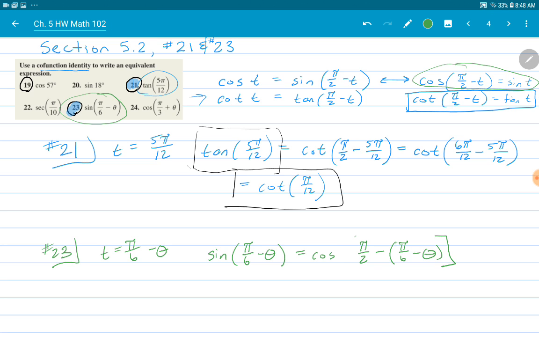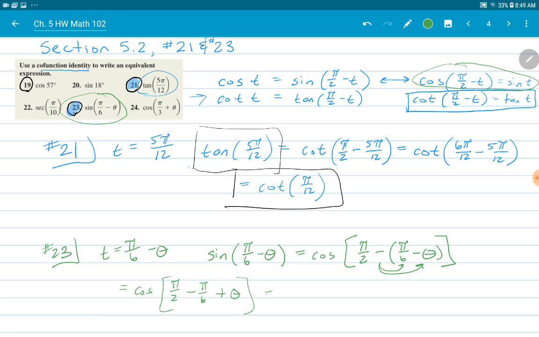So I'll use brackets on this. Equals cosine of, I'm going to distribute that negative and go minus pi over 6 and then plus theta. So that minus goes to both of those terms and flips the sign.